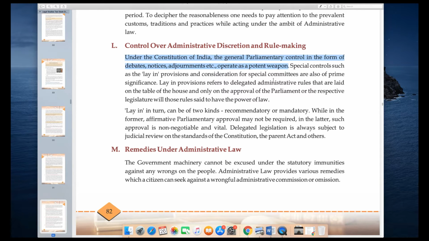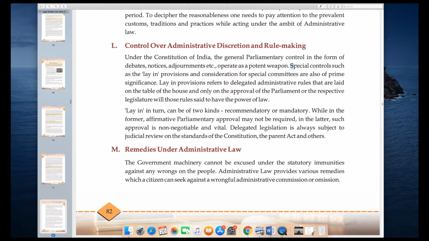The parliamentary debate, notices, adjournments. There are so many functionalities of the parliament in order to pass a bill. It's not like someone introduces it and it is passed. These are the tools, techniques, and modus operandi to pass a bill. So that is regarding the rule making.